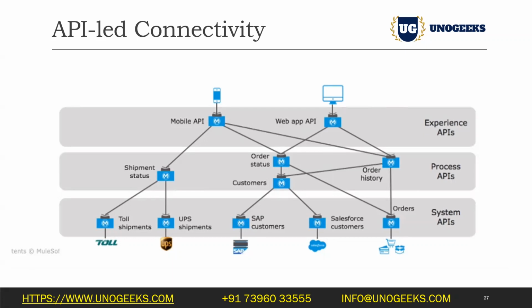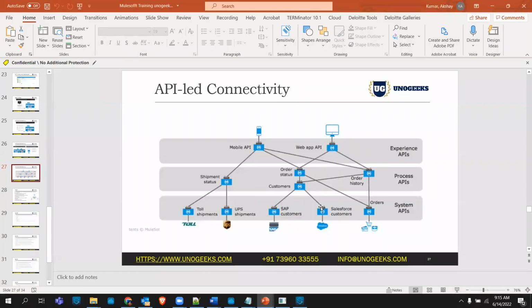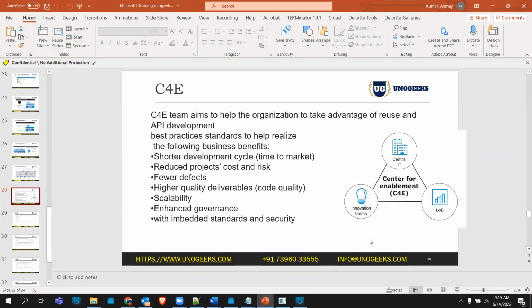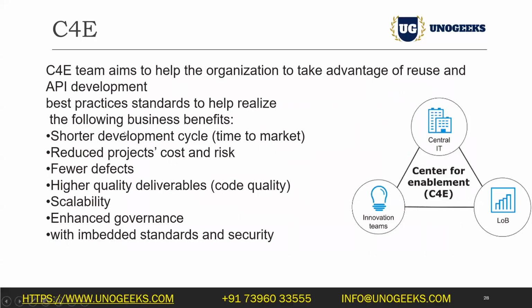So to take advantage of the already built APIs and the reusability that is already there, we will have a C4E team, and that team will take care of all those things. It will help the organization take advantage of reuse and API development.